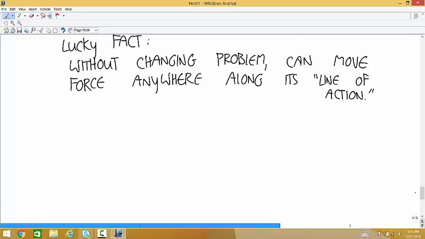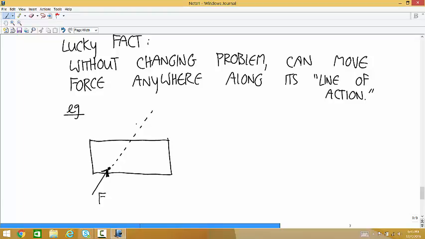So, for example, if this is the object and a force is applied here, you can pretend like the force was applied at any of these locations along a line that's parallel to that force and goes through the place where it really physically was applied.